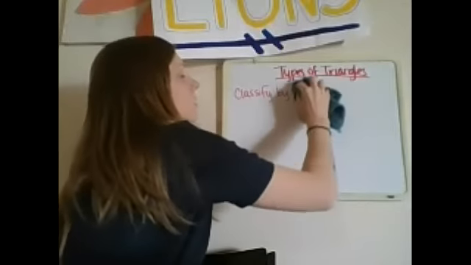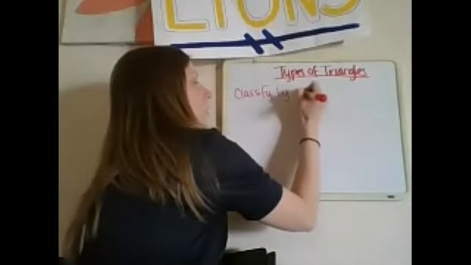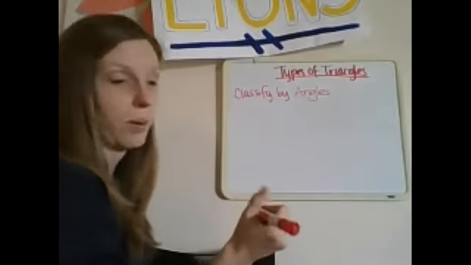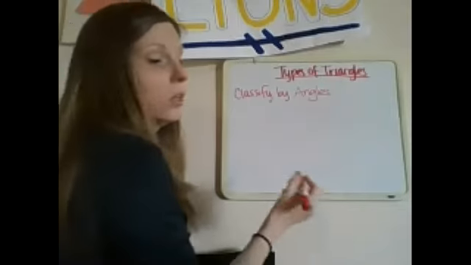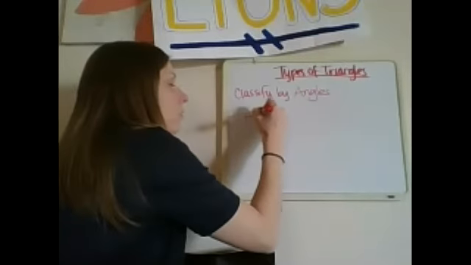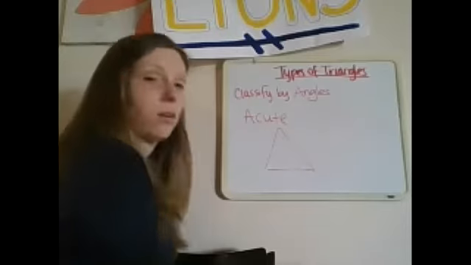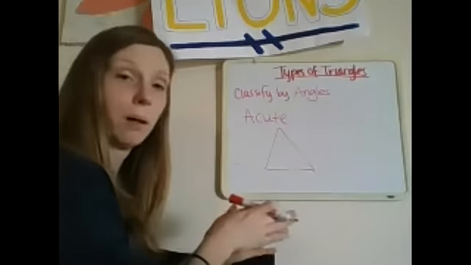Now we're going to look at classifying triangles by their angles. These are ones that people always remember because they are acute, obtuse, and right. So we're going to start with an acute triangle. It has all angles that are less than 90 degrees. An acute angle is something that's smaller than 90 degrees.